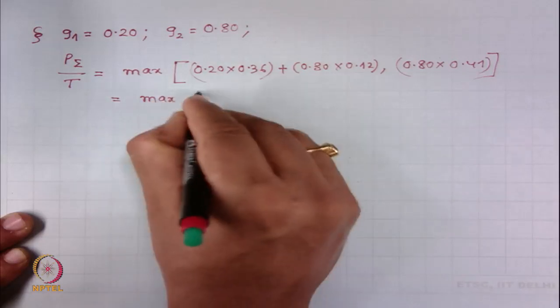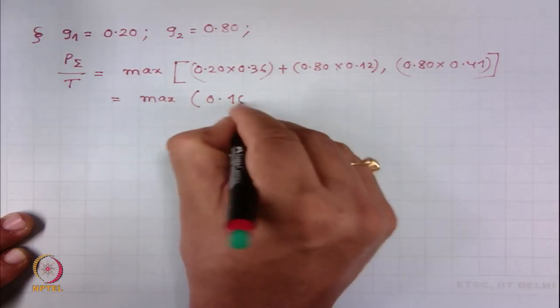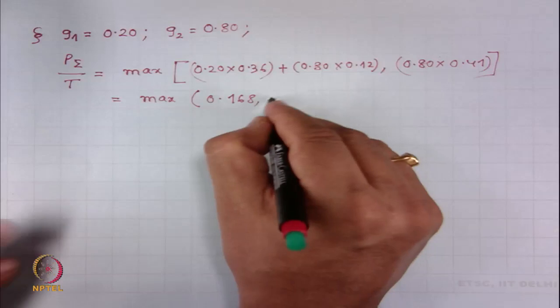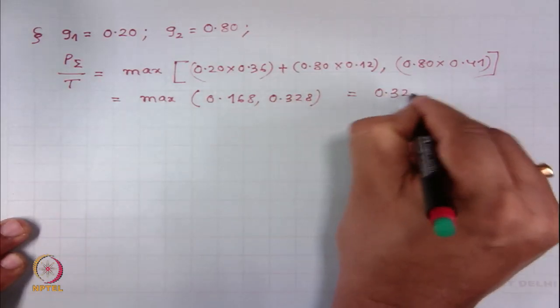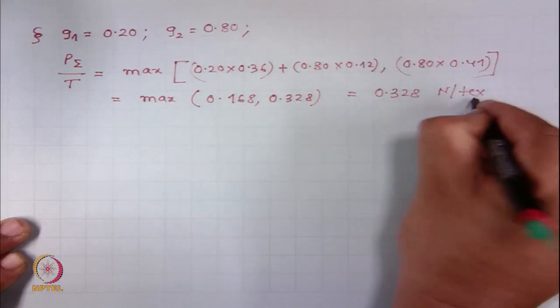These two maximum will be 0.168, 0.328, 0.328 Newton per tex.